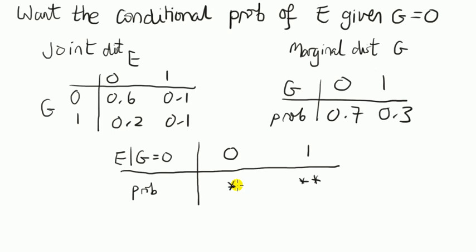So we write down the outcomes. And then we have to calculate the probabilities. So we have to complete this table. Now, we can get the probabilities by using both the joint distribution and also the marginal distribution of G.